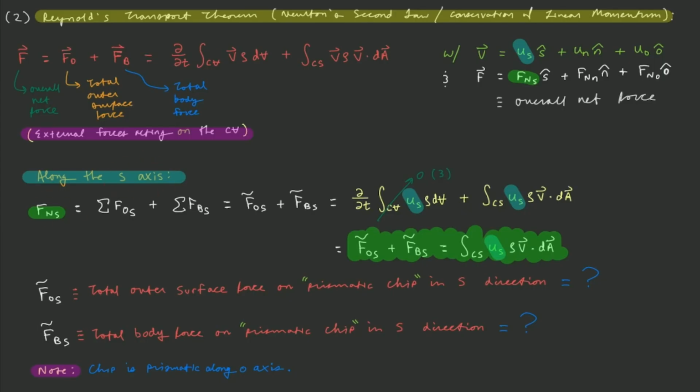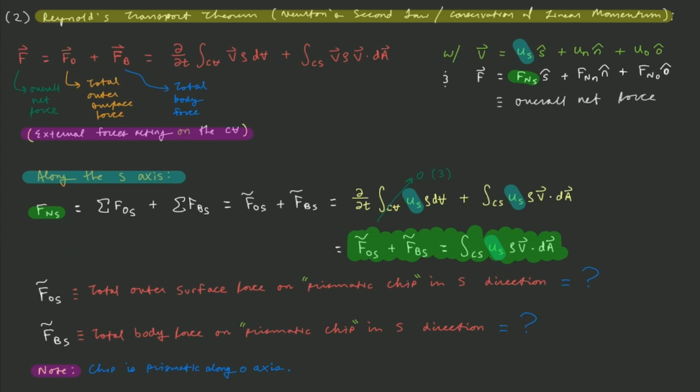So we have F_N S, the S component of the net force, equal to the time rate of change of the linear momentum in the S direction within the control volume plus the net surface flux of linear momentum in the S direction through the control surface. Like I just mentioned, you could have an F_N N equation and an F_N O equation, but we're only going to look at the s-axis for now.